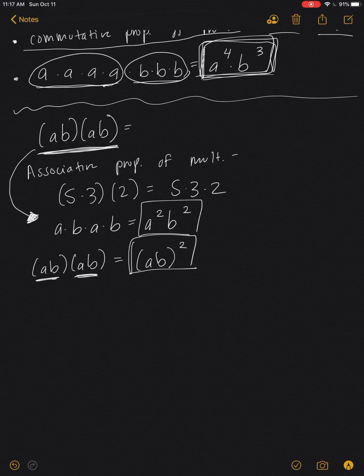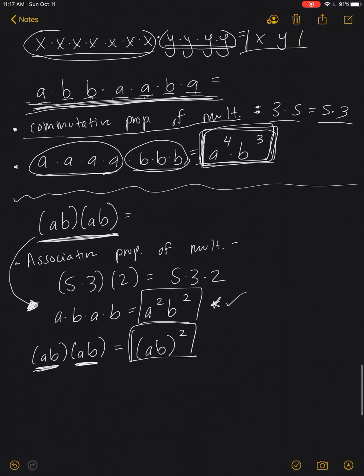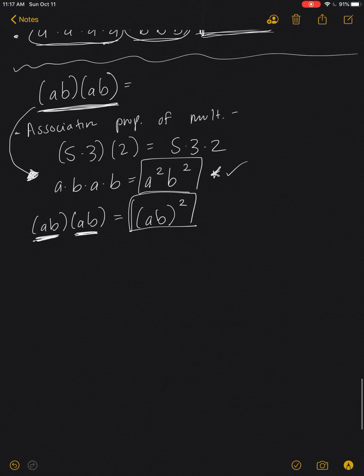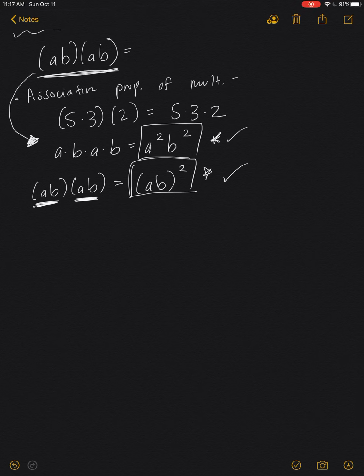These two are actually the same thing. Either way you want to do it, if you like the associative property way, this is correct. If you want to do it more the exponent way, where you see the repeating base and then you square it, or depending on how many there are you'll put the right exponent, this is also the right way.